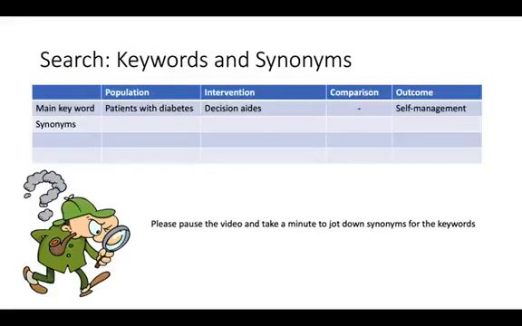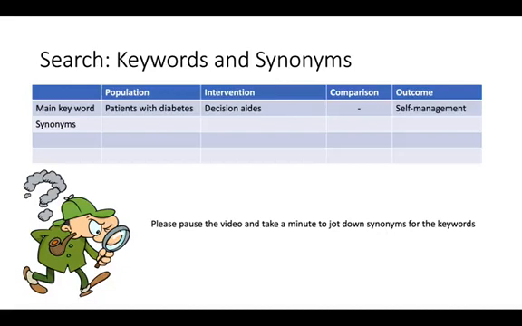So now, how does the PICO question move into how you search? What you do is, it's always nice to create a little table and keep track of your searches. What I've done here is, you'll see across the top, the population, the intervention, the comparison, and the outcome.